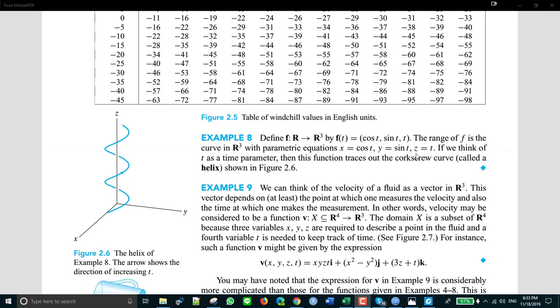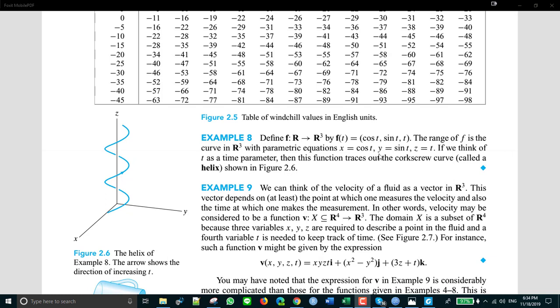Okay, the range of f is the curve in R3 with parametric equations x equals the cosine of t, y equals the sine of t, and z equals t. If we think of time as a parameter, then this function traces out a corkscrew curve called a helix, shown in figure 2.6.